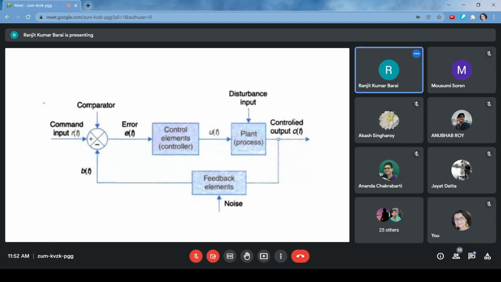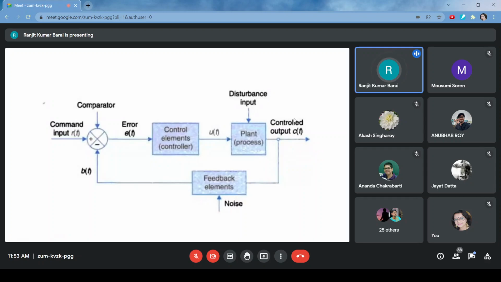But if we can keep the components in a system linear, then the control will be easy. So our effort during the electrical design will be to make the system electrically linear.